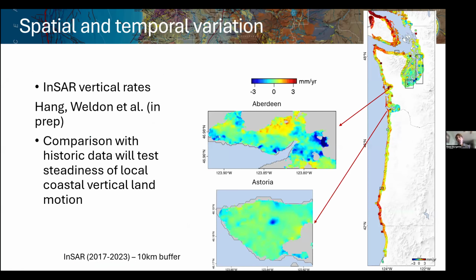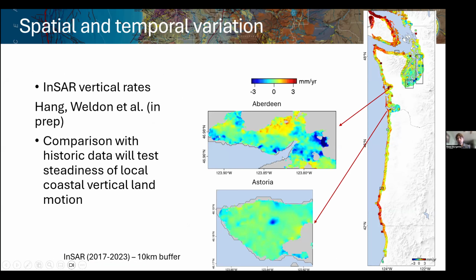So as we look forward to the development of these more precise InSAR time series, being able to compare back to what different places were doing in the pre-InSAR GNSS era is going to be important for understanding some of these local deformation processes.